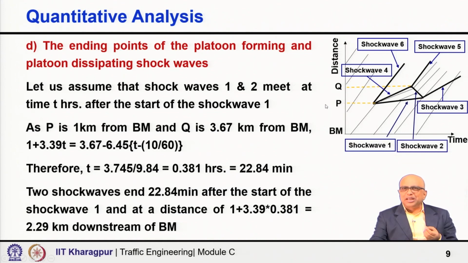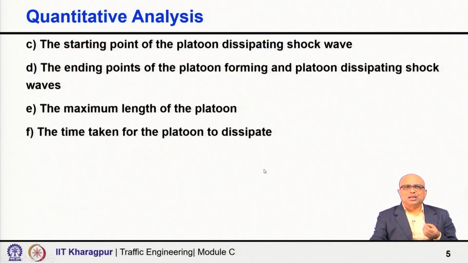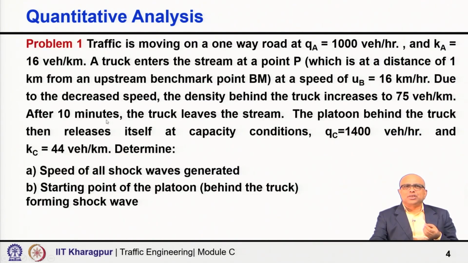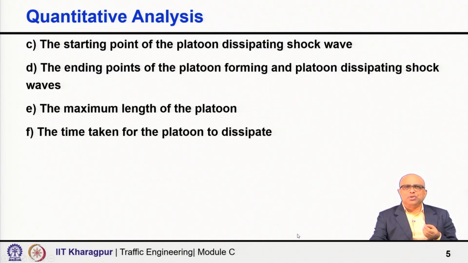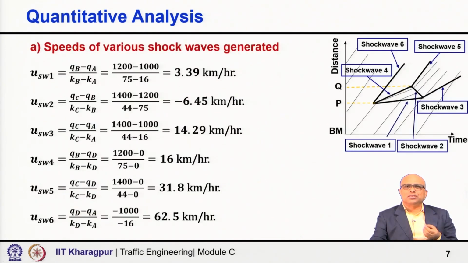Why? It is after 10 minutes. The truck leaves after 10 minutes. That is what is again given here. After 10 minutes, the truck leaves the stream. So, the time wise the difference is after 10 minutes.